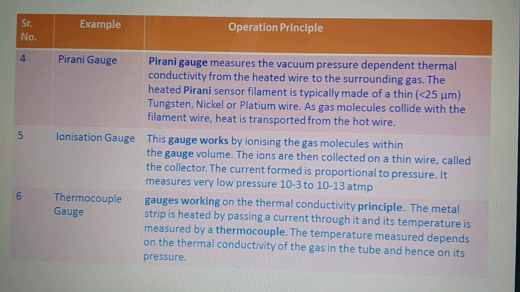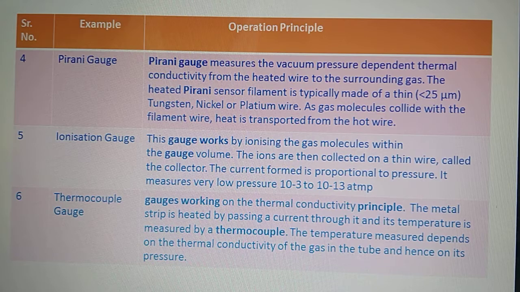The heated Pirani sensor filament is typically made up of thin tungsten whose thickness is less than 25 micrometer, or nickel or platinum wire. As the molecules collide with the filament wire, heat is transported from the hot wire. This is the working principle of Pirani gauge, and remember Pirani gauge is a pressure sensor.